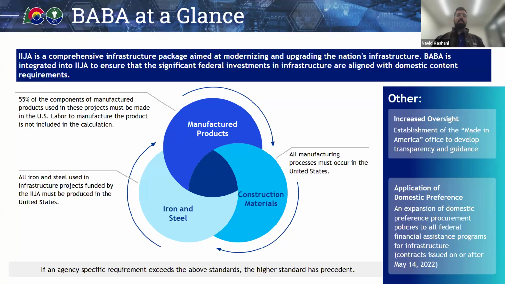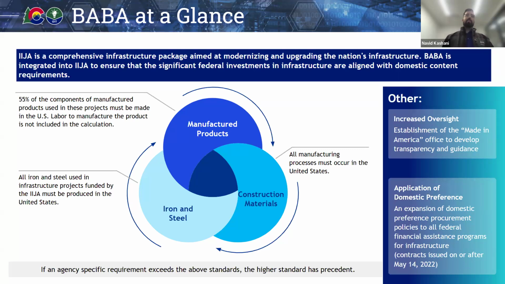The cost of the components for that manufactured product needs to exceed 55% domestic cost. Now, I want to pause there and say, in this case it's 55%, but let's say you're working with another agency down the line. If there's another more stringent requirement under BABA for that agency, that takes precedence. So think of the 55% as a floor, not a ceiling.